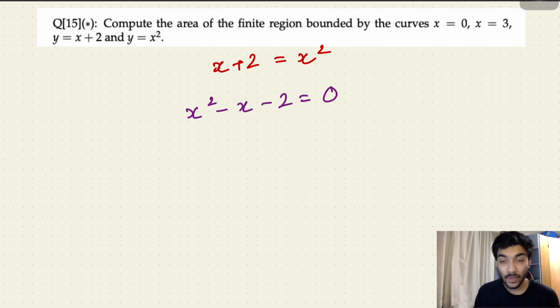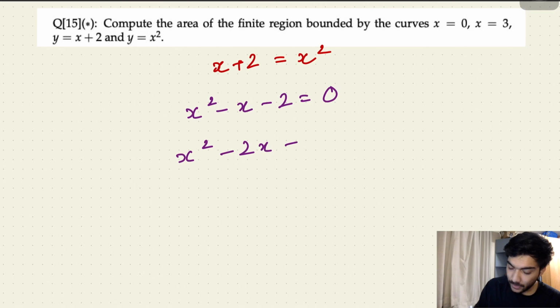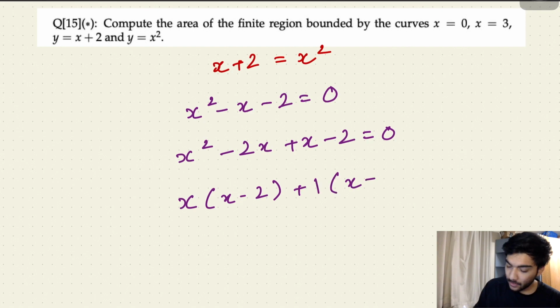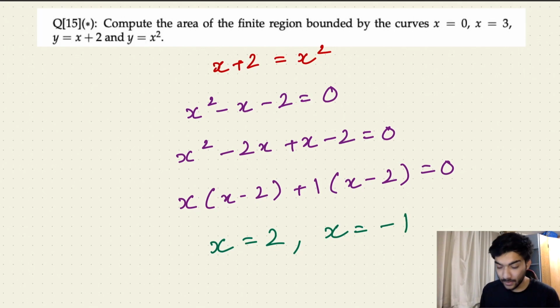Factorizing, it would be x square minus 2x plus x minus 2 equals 0, so x times (x minus 2) plus 1 times (x minus 2). The roots in this case would be x equals 2 and x equals minus 1.